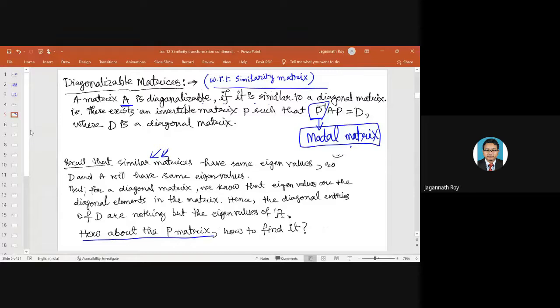The set of model matrices is a smaller set, contained in the similarity matrices, which is a bigger set.